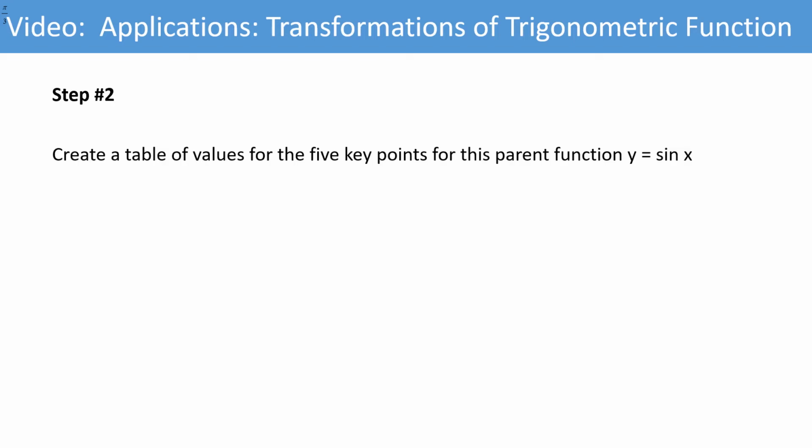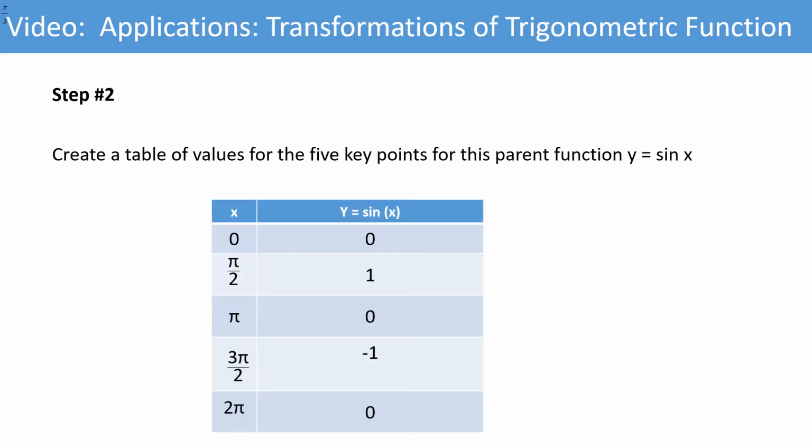To do this, we're going to create a table of values for the 5 key points for this parent function, y = sin x. We need to make 2 columns and 6 rows. We're going to label the first column x and the second column y.